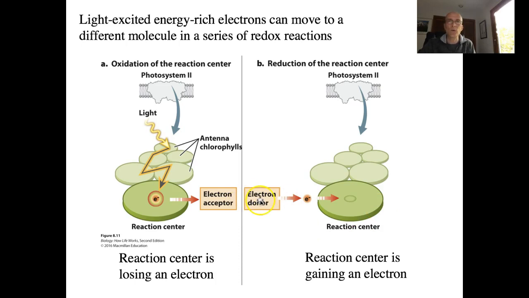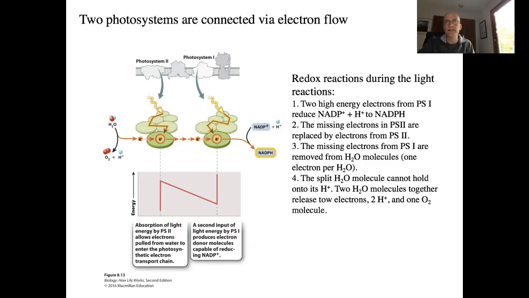I'll show you exactly what these donors and acceptors are in a second. But this reaction center is now gaining an electron, so you have a reduction of this reaction center back to its normal state. That means this reaction center can go back and forth between an oxidized state and a reduced state. All that means is that the electron is missing or has been replaced. Okay, so what is this electron doing? Where is it going? And why does it need to be replaced?